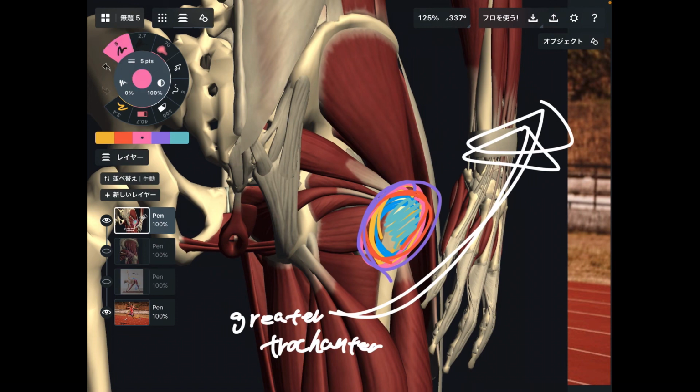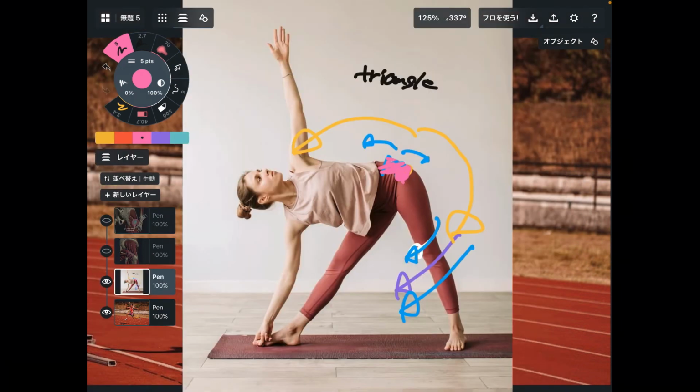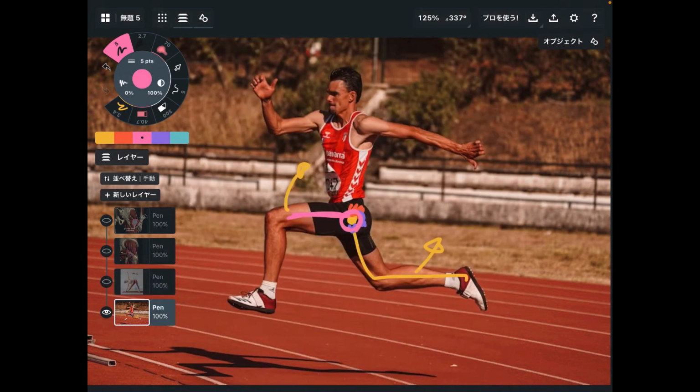But around the greater trochanter, there is muscle tissue, there is myofascia. So working around the greater trochanter gives good effects for self-care treatment. I think this is very informative. You can apply today's anatomy for yoga poses, of course for Pilates, and for self-care treatment.